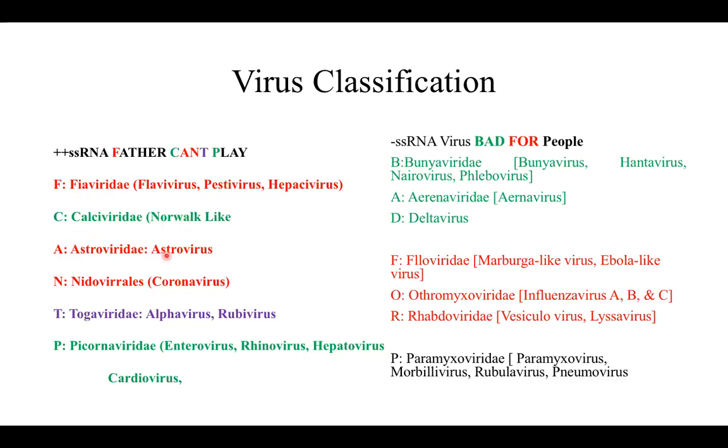Astrovirus. N stands for the nidovirus, that is coronavirus. T stands for the togavirus, that is alphavirus, rubivirus. P stands for the picornavirus, that is poliovirus, rhinovirus, aphthovirus, enterovirus, and cardiovirus.